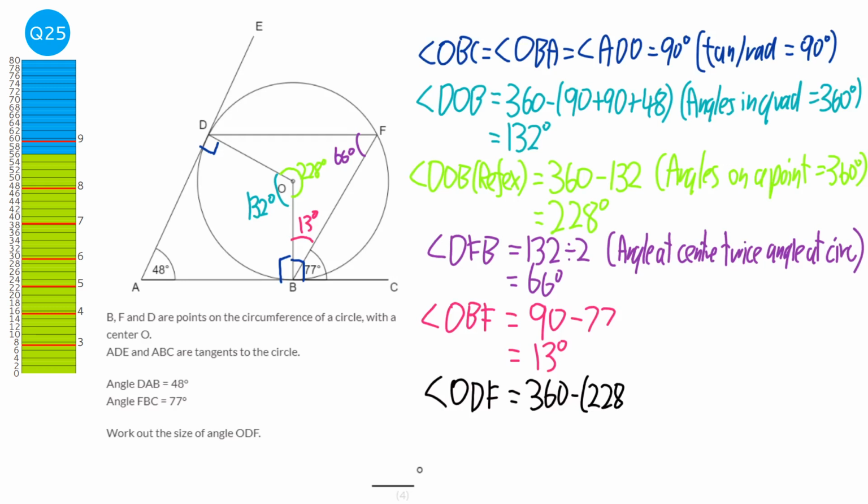So the 228, the 13, and the 66. And the reason being the same as before, so angles in a quadrilateral add up to 360 degrees. And when you do that, you get the answer of 53 degrees. So this angle here is going to be 53 degrees.